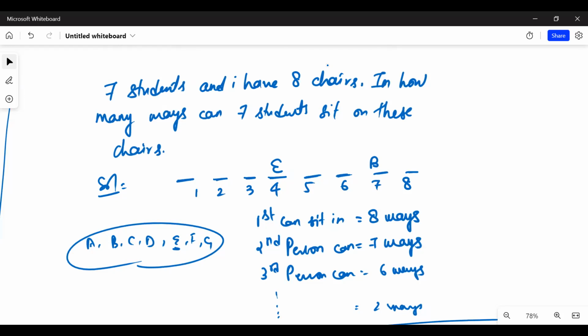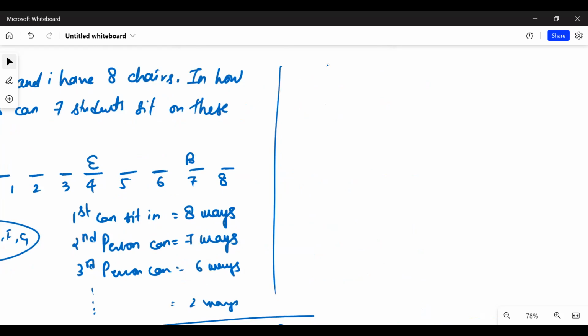Yes, sir. So whenever I'm using the word combination, combination basically means random selection.